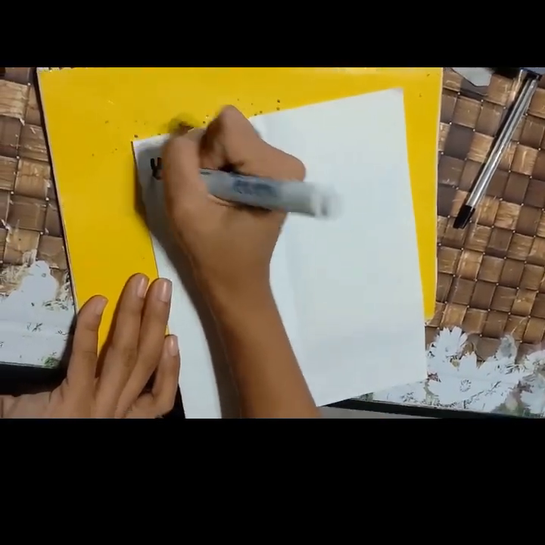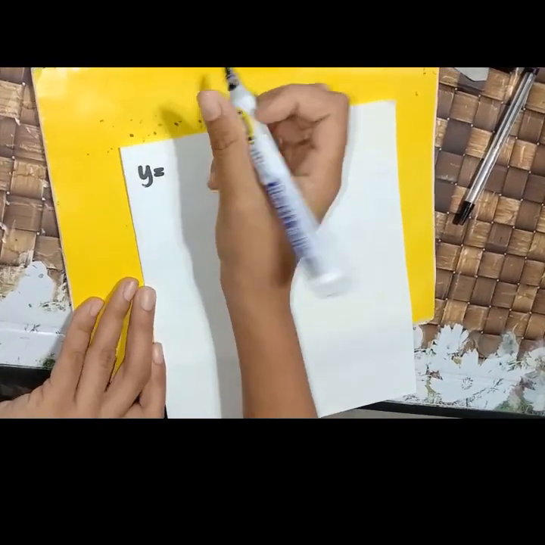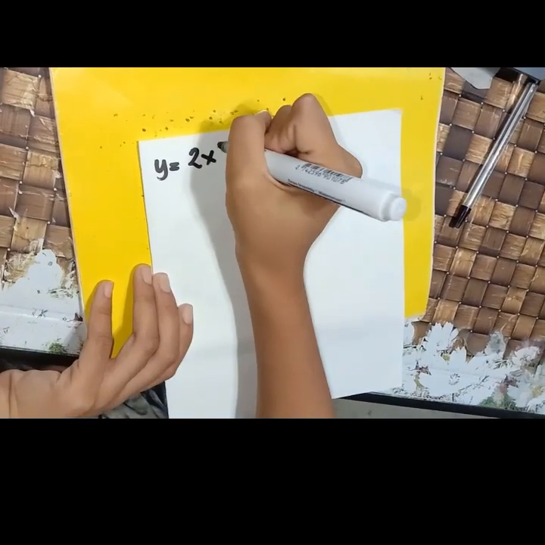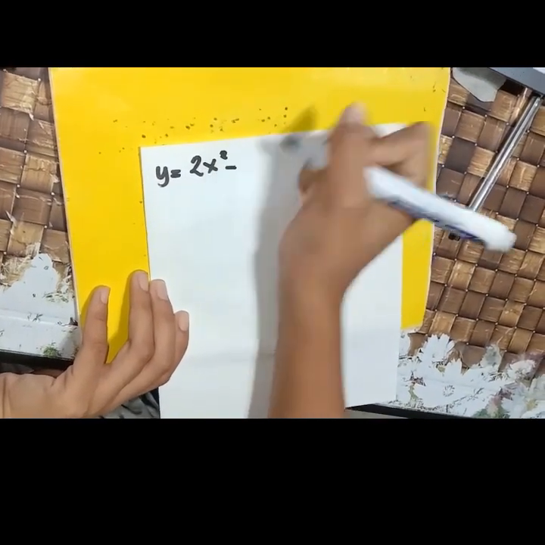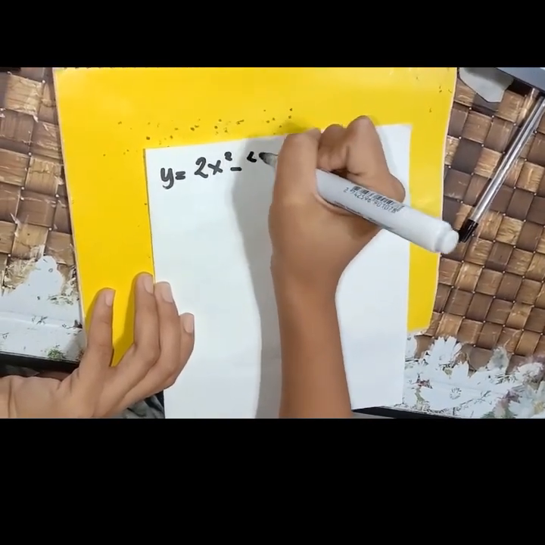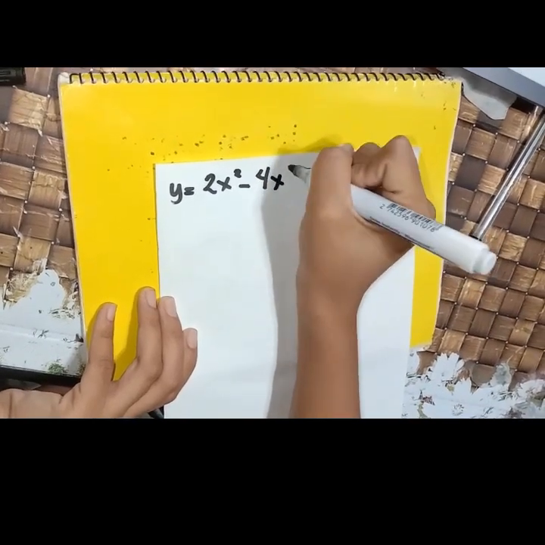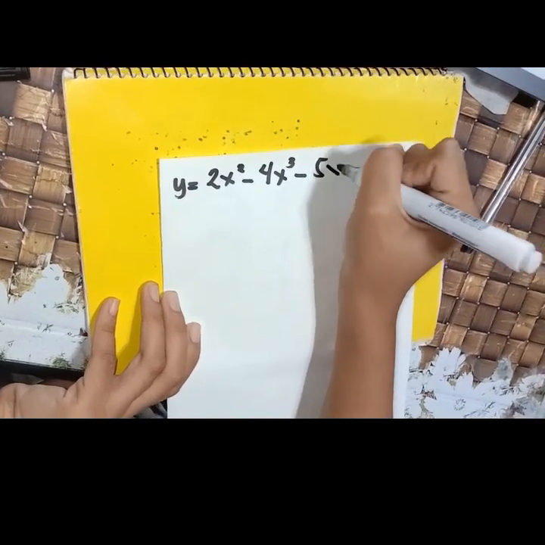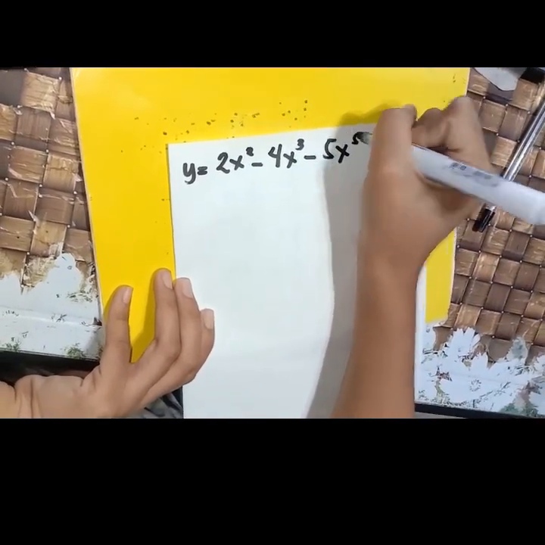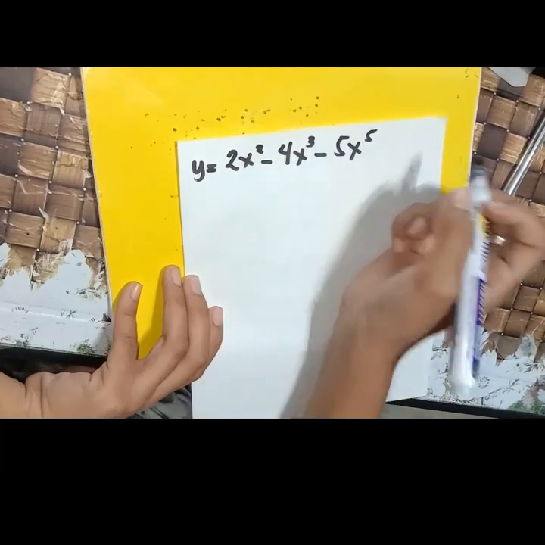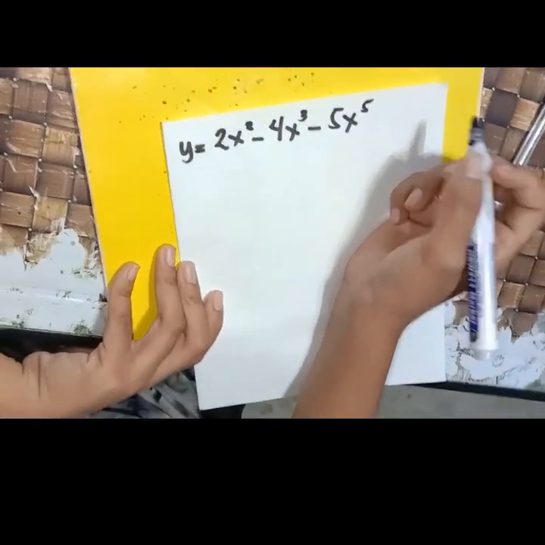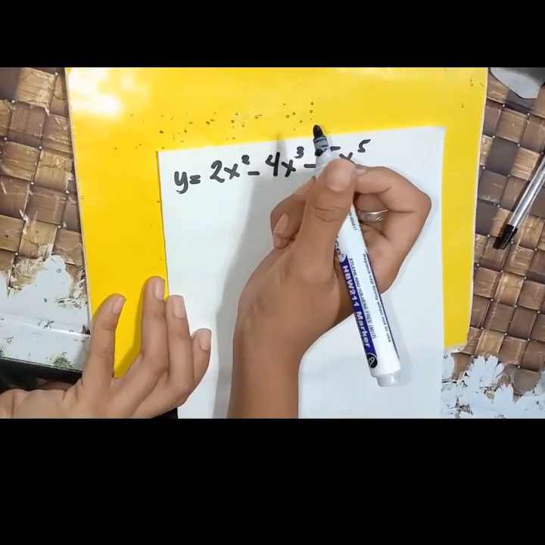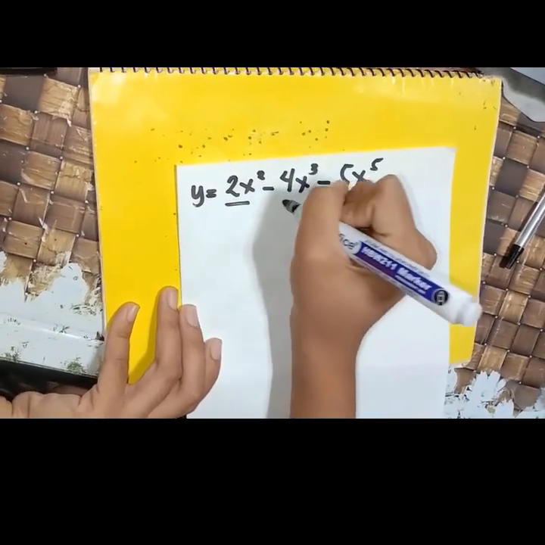For instance, y is equal to 2x raised to 2 less 4x raised to 3 less 5x raised to 5. Let's just apply the derivative of power x raised to n for each term.